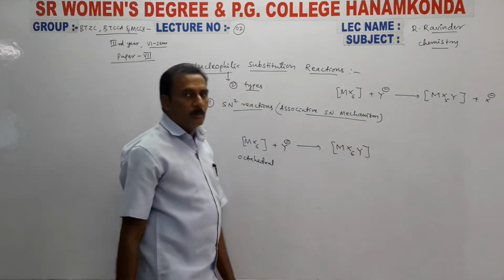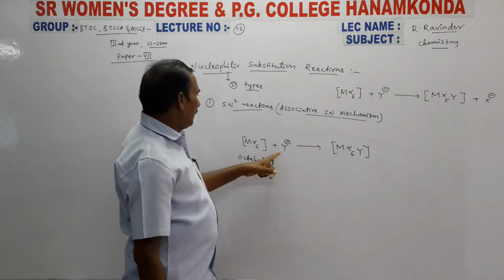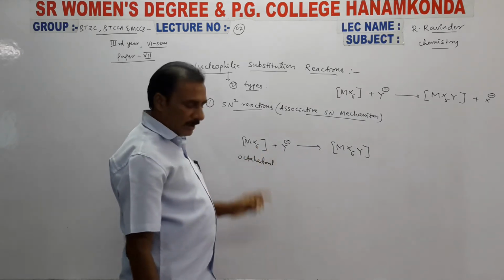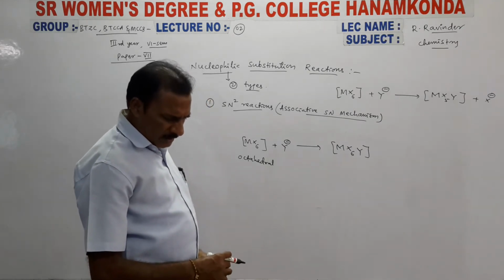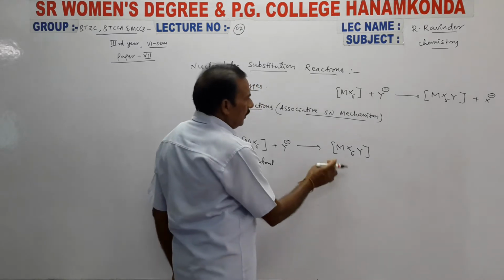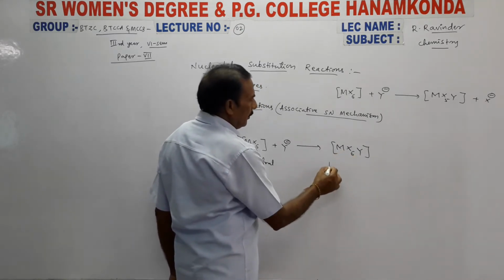This is an intermediate complex. In the slow step, the Y minus or new ligand adds to the octahedral complex, giving a pentagonal bipyramidal shape. There is one metal, and the remaining 7 ligands are there.